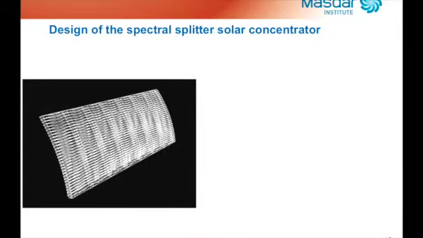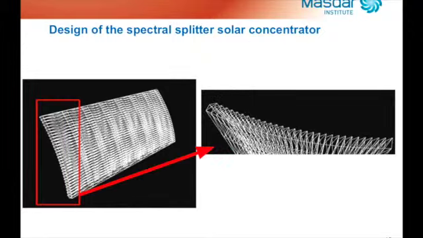So here is a screenshot of the CAD file of the spectral splitter that we designed in Masdar, and here we can see a magnification of this screenshot, in which we can observe the trapezoidal shape of each element.